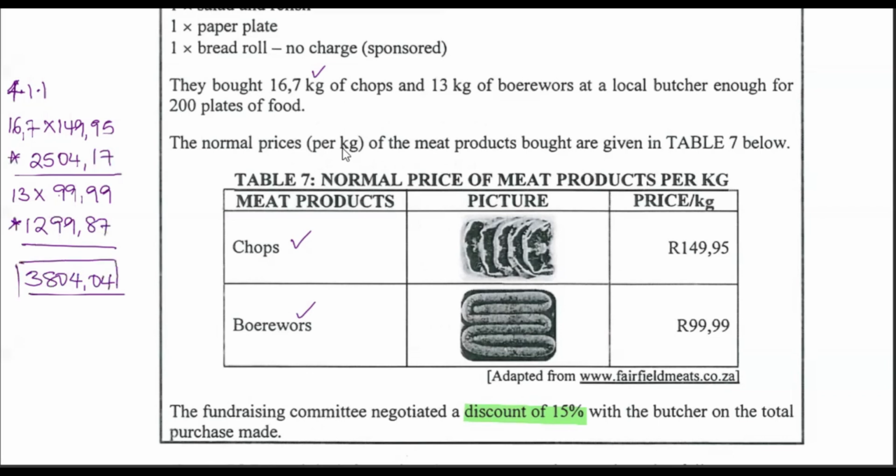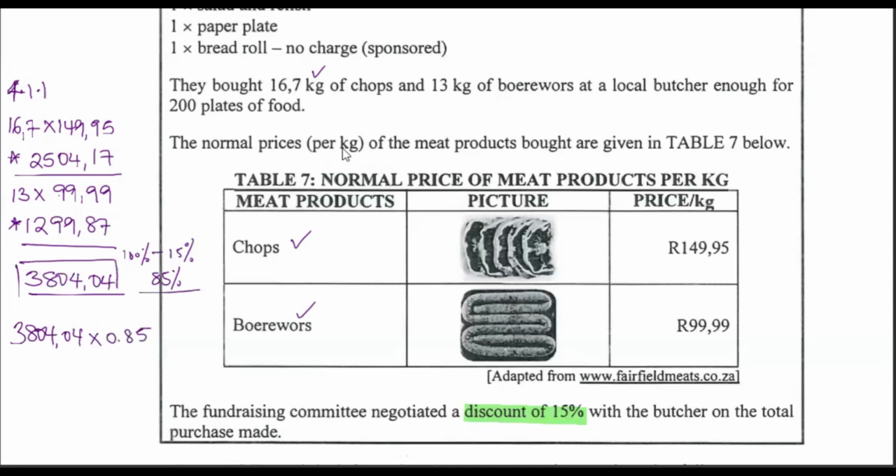So what do we do? We need to include the discount. Now the price here is at 100%. If it gets a discount of 15%, how much are you going to pay? You're going to pay 85%. So we shall say 3,804.04 times 0.85. Where does it come from?